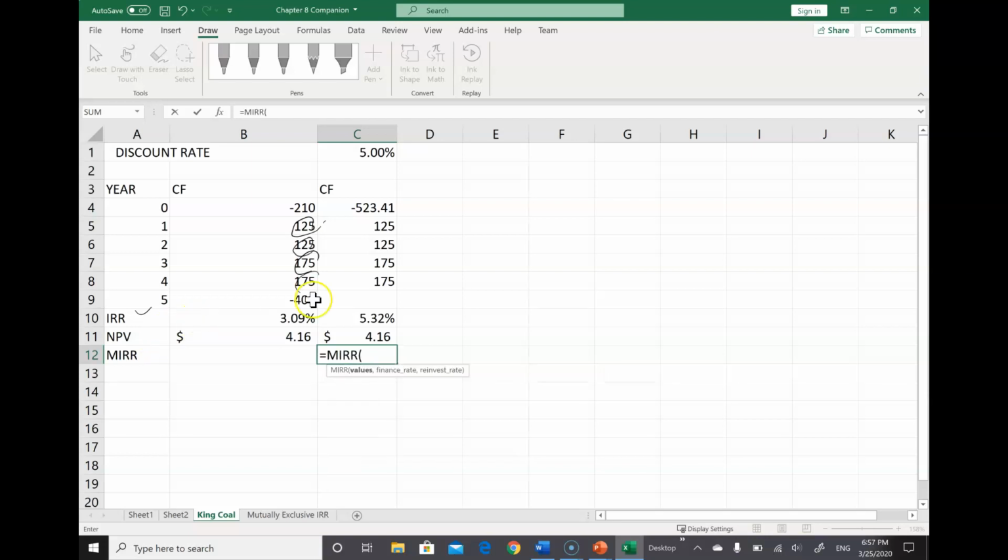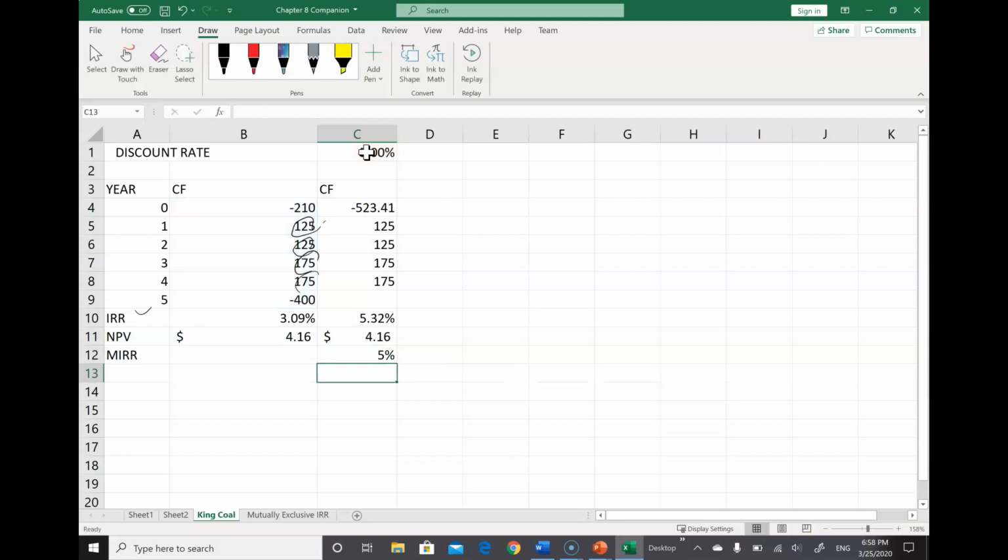So in case of modified internal rate of return, we highlight all this, right? Then the modified internal rate of return will ask for the finance rate and the reinvestment rate. So in this case, we are saying that both the finance rate and the reinvestment rate are the discount rate, not the internal rate of return.